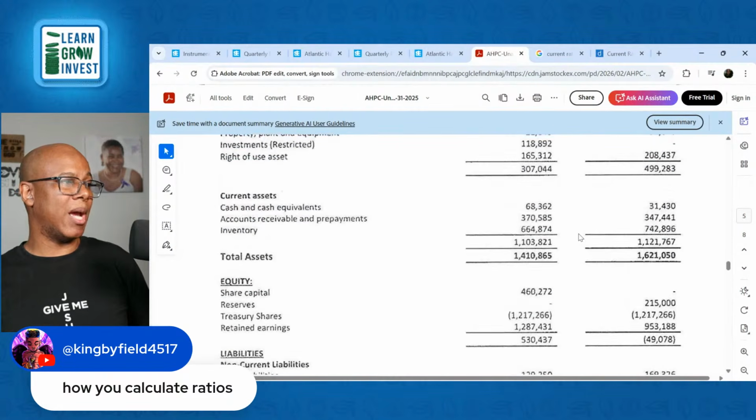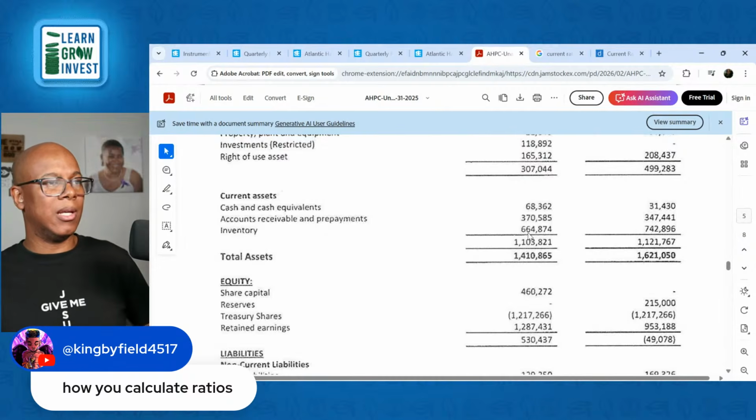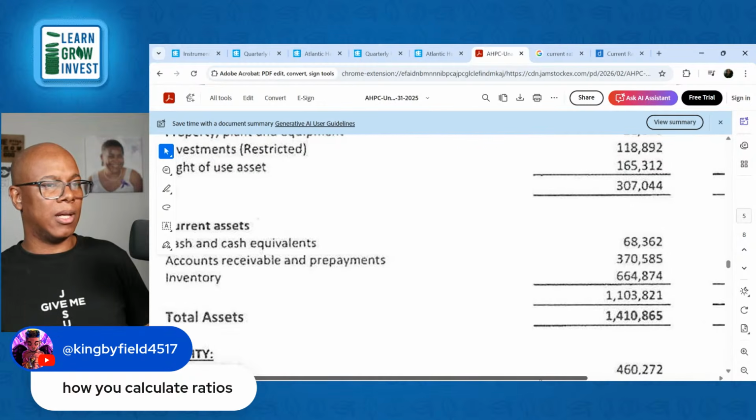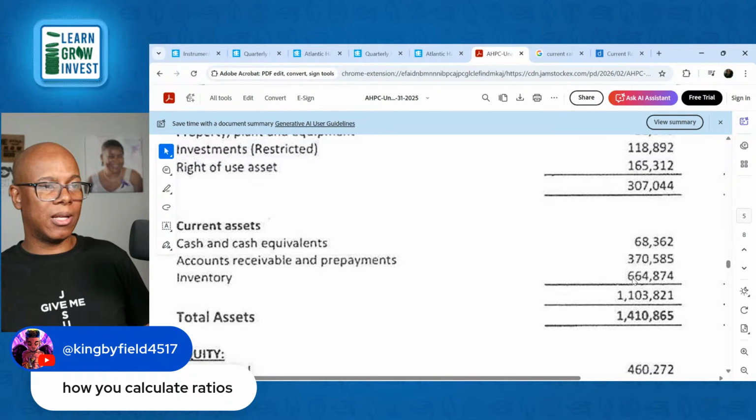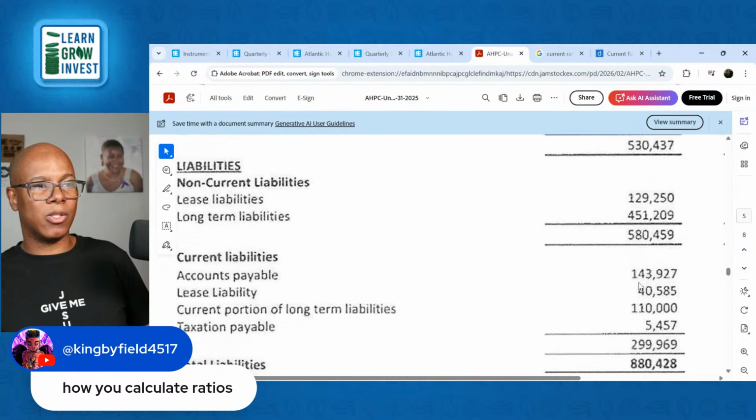Now, sometimes it's good to look at the current assets more closely, right? So for example, you have what's called the asset test ratio, where you subtract the inventory from the current assets. Because you notice if we take away the inventory here, which is 664 million, then the remaining value is about 438 million versus 299.